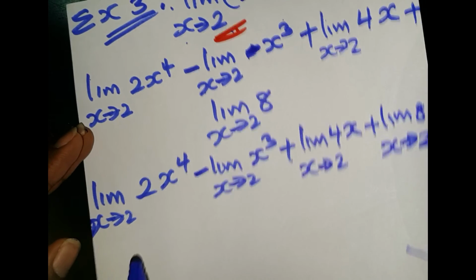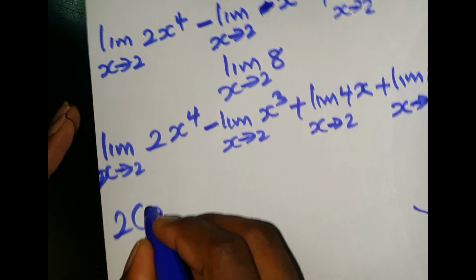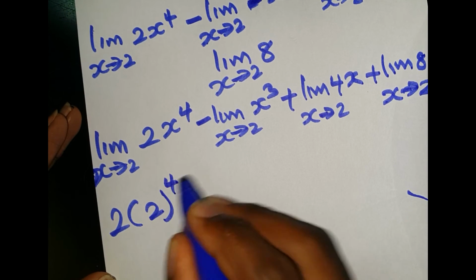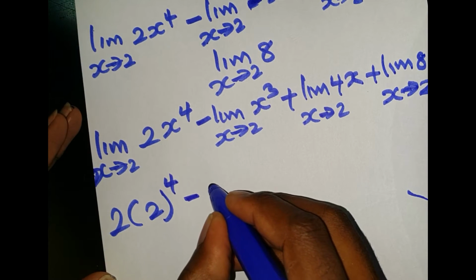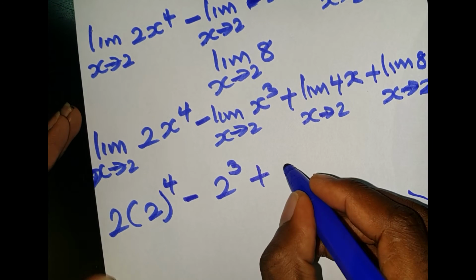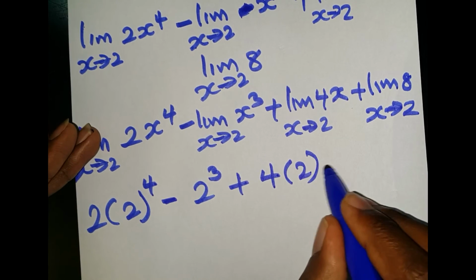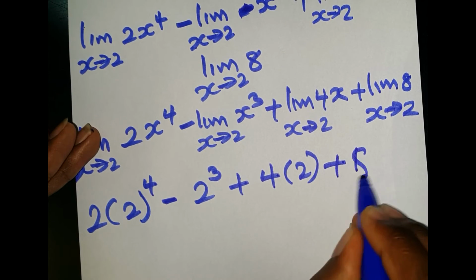We'll replace our x with 2. We now have 2 times 2 raised to power 4, minus 2 cubed, plus 4 times 2, plus 8.